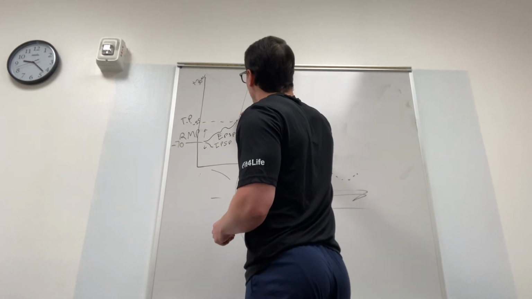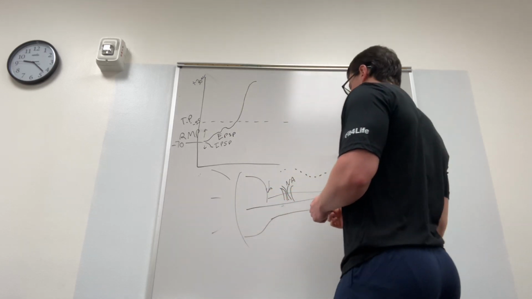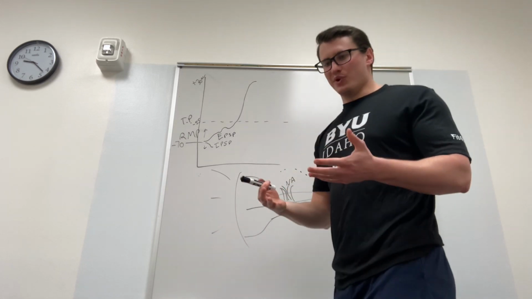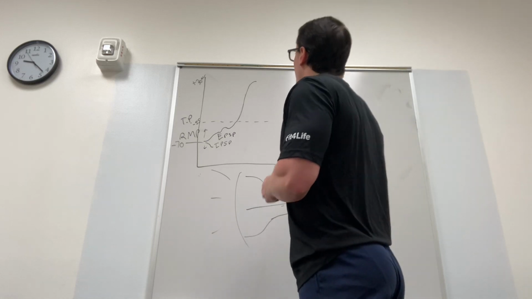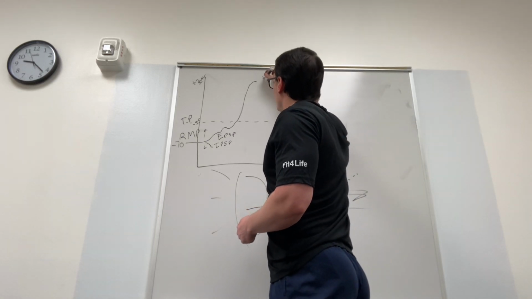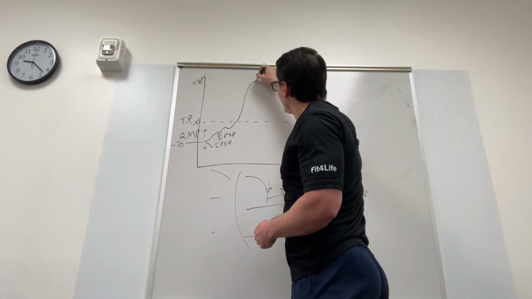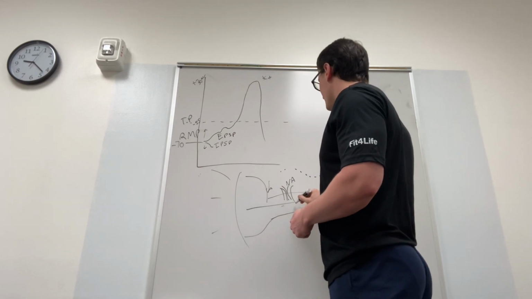So once we get up here, we actually begin to start closing our sodium voltage gated channels because we don't need any. We've already fully depolarized the cell. And potassium channels at this point are open. So potassium will rush out of the cell.